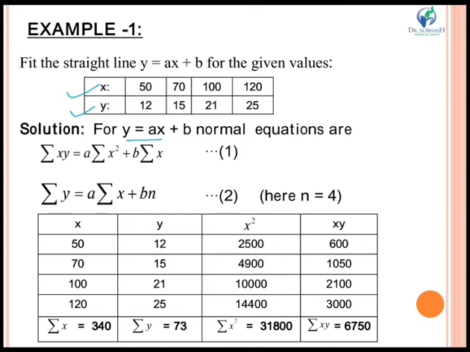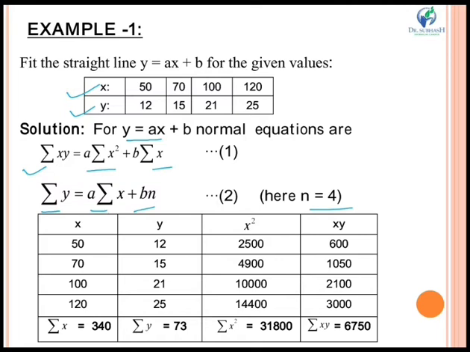So the normal equations will be summation of xy equal to a summation x square plus b summation x, and summation y will be equal to a summation x plus bn. Now you can see here n equal to 4, because there are 4 values given to us.